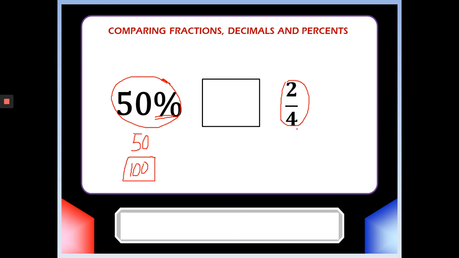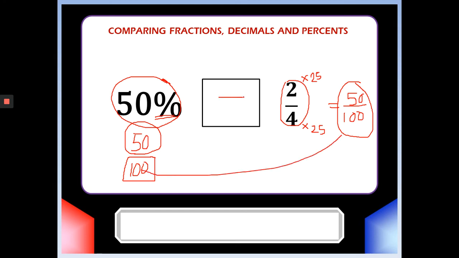Okay, so we do the same here. What are we going to multiply 4 by to make this 100? 4 times 25, right? So the denominator now is 100. Now we multiply the same on the numerator. So 2 times 25 is 50. Now we got the fraction, 50 over 100. That means 50% is equal to 2/4. If you want to check your answer, let's try to convert them into the lowest term.